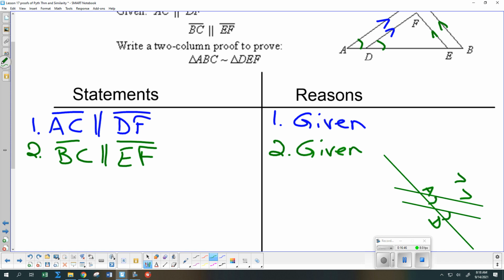With parallel lines, is there any reason why those angles have to be congruent? Who can tell me, for those parallel lines in that bottom picture, why are those two that I just marked ones that have to be congruent? Bill? Alternate interior would have both of them in between the parallel lines.